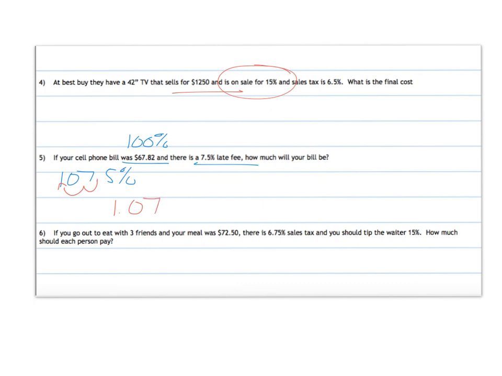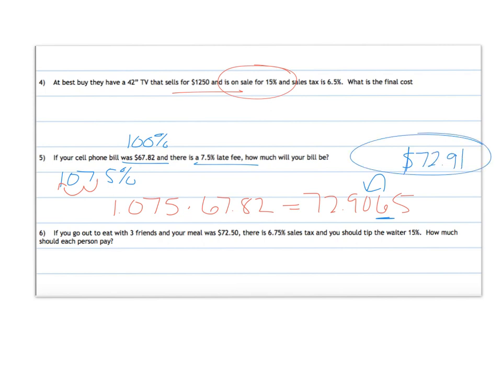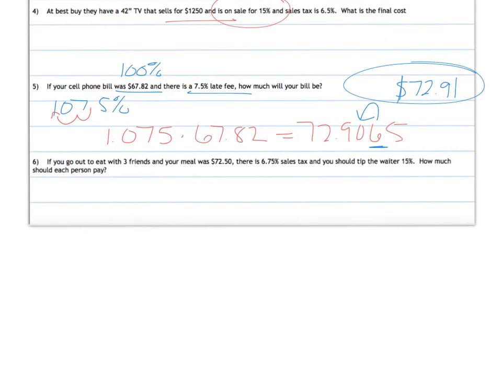So I'm multiplying the cost of my bill times that percent, and I get 72.9065, but since it's money, I round, so I look to the thousandths. 5 or more raise the score. I'm paying $72.91 for that bill.